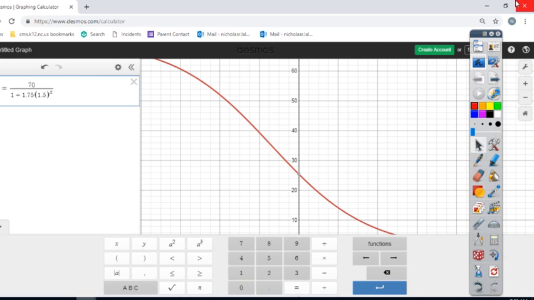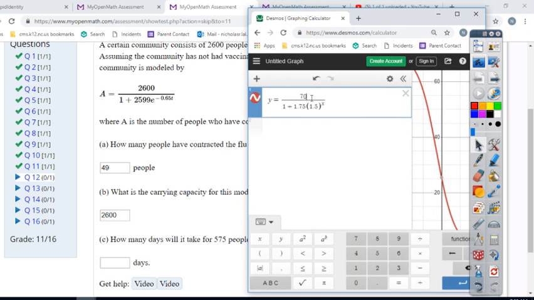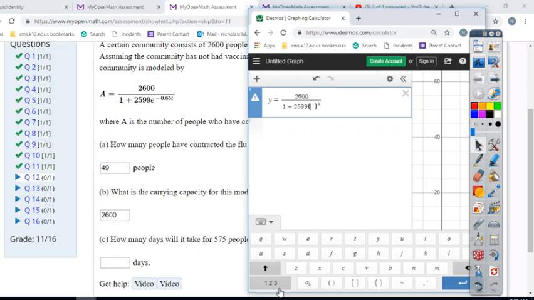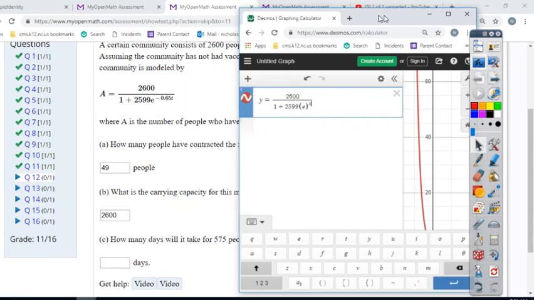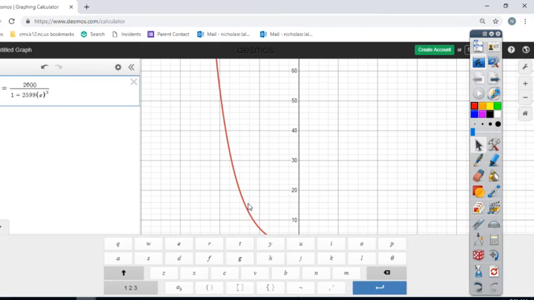So, in Desmos, the carrying capacity is 2,600 times 1 plus 2,599 times e to the, and I'll show you how to find e.